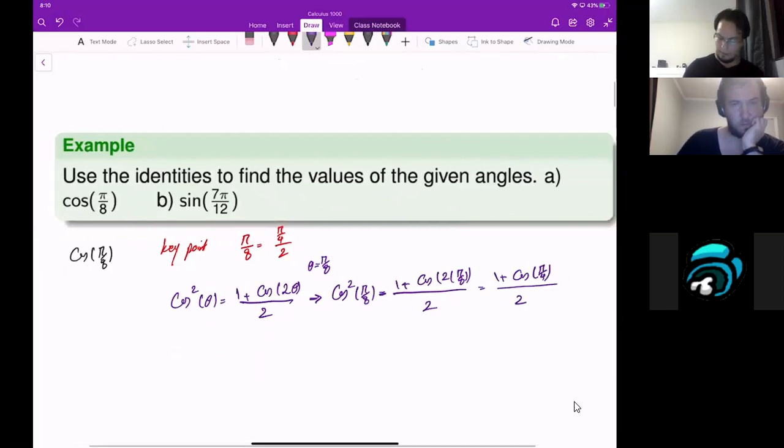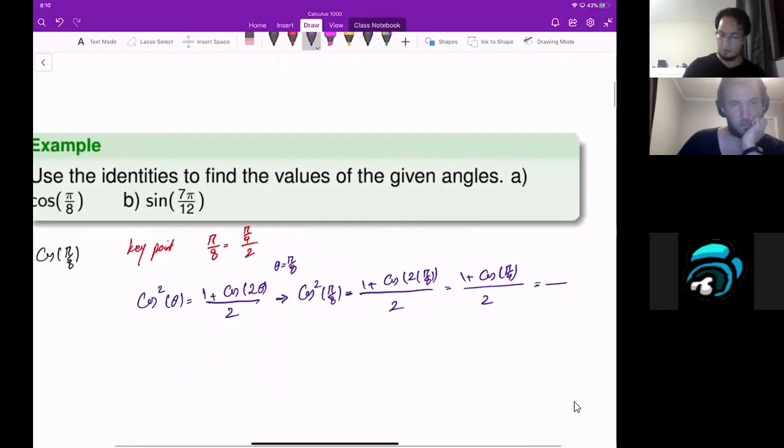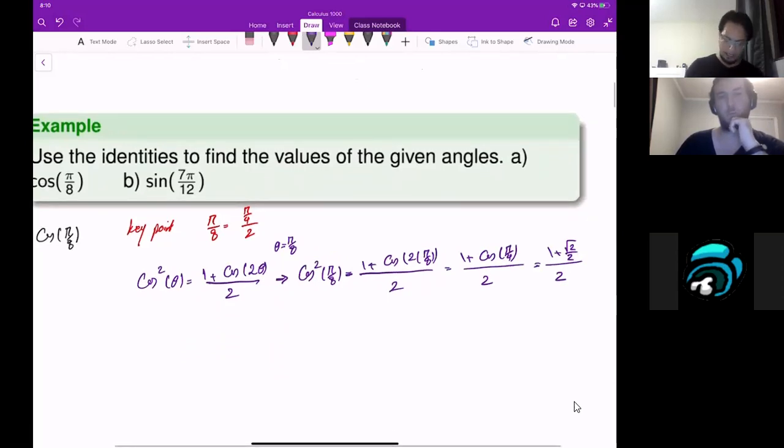And well, I know what cosine of pi over 4 is. It is root 2 over 2, and there was this 1 over 2 over there. Now, what I found is cosine squared theta is, let me simplify that, 2 plus root 2 over 4.